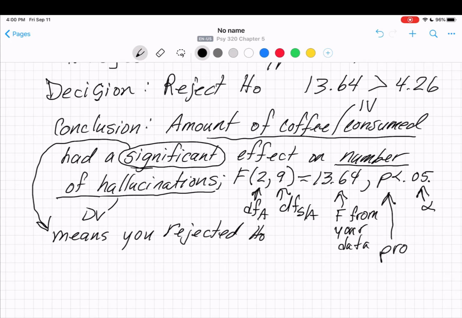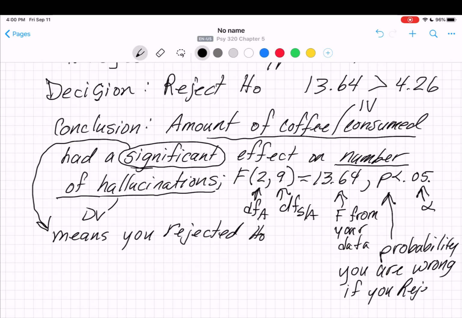This is the probability you are wrong if you reject the null hypothesis. In our case, 13.64 was a lot bigger than our critical value of 4.26, so it's very unlikely that we would be wrong in rejecting the null hypothesis. That is why we're saying the probability is less than our alpha of 0.05.